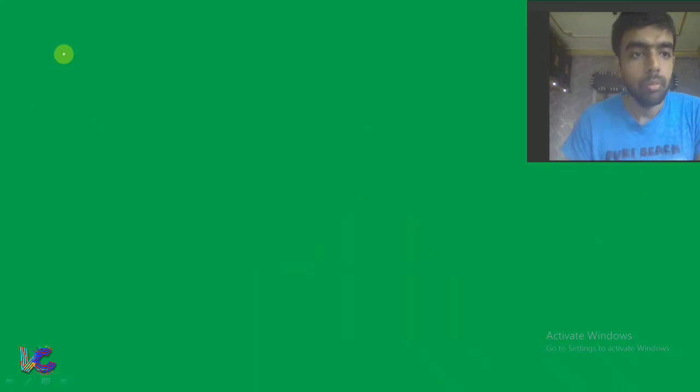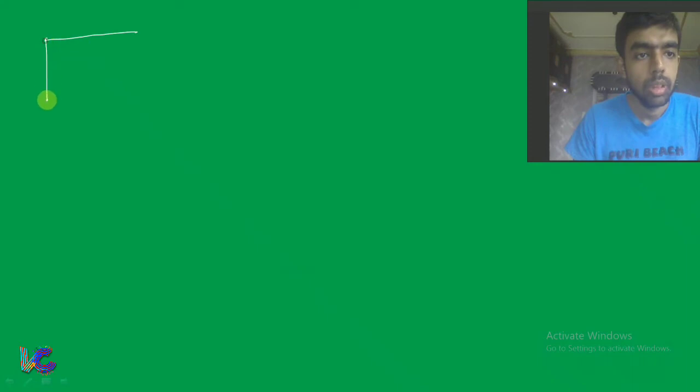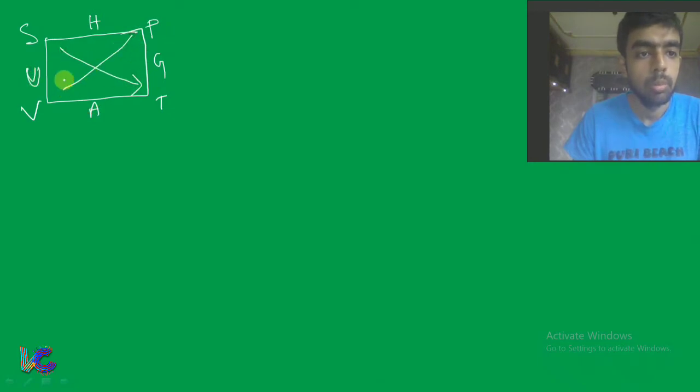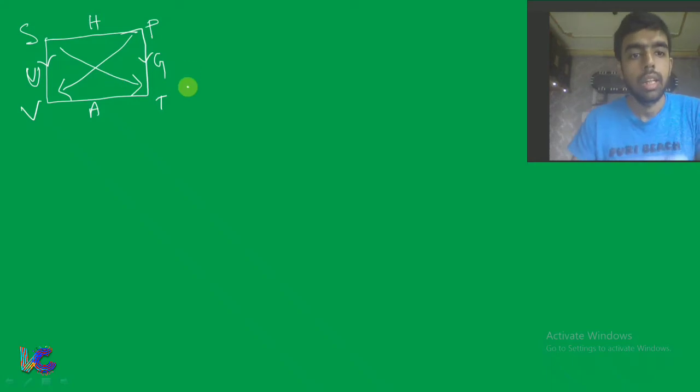So first draw a Born-Haber square. S, P, T, V, H, G, A, U. Fine. So from S to T and from P to V. Now let's give the arrow from S to V and P to T. So the arrow is like this.